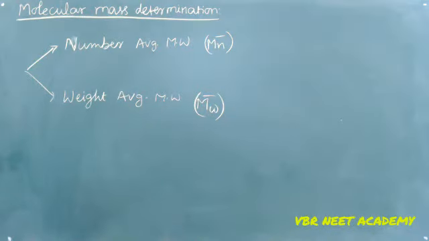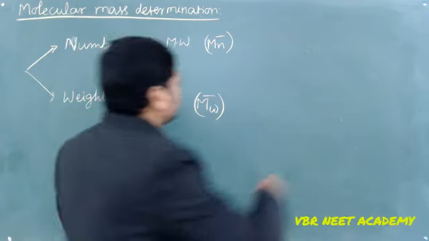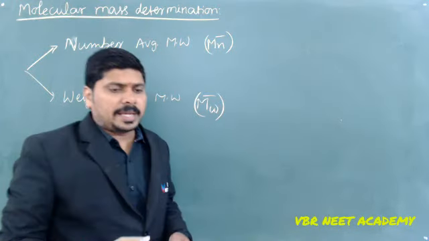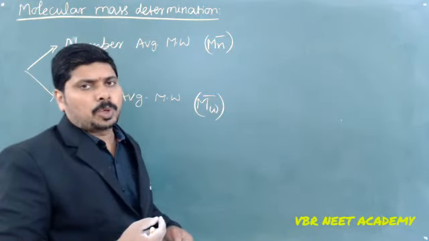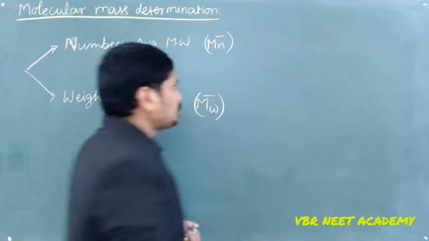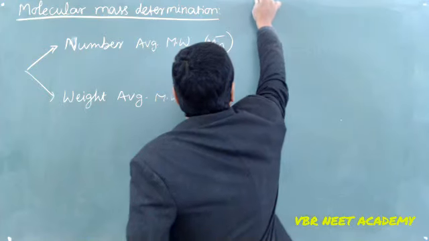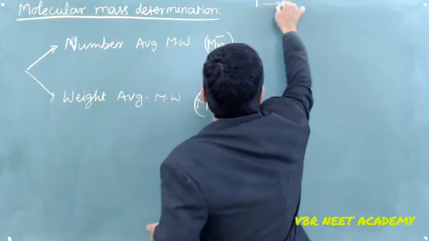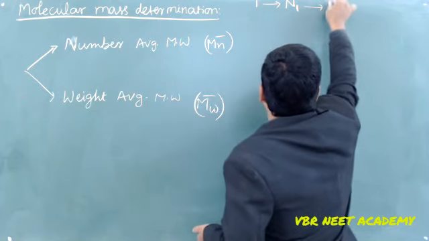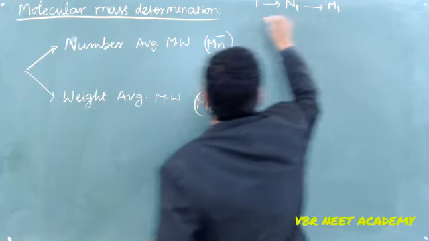How can you say the number average molecular weight and weight average molecular weight? Say, for example, I have polymeric chains with different numbers of monomers and different molecular weights. Obviously, they are going to have that. Say one polymer has N1 number of monomers and it has molecular weight M1.